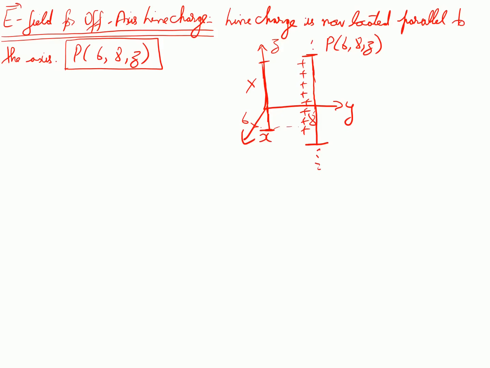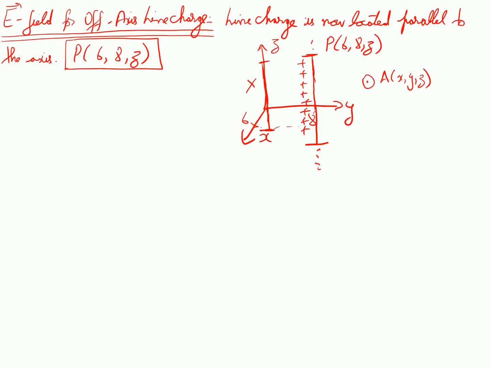And I want to now know the effect of any of the charge on the point over here, at point A. It can be any point along x, y and z. So this can be the scenario where the line charges are off axis, not at the origin, but parallel to the z axis. Whenever this kind of situation happens, what is going to be the equation for the electric field?